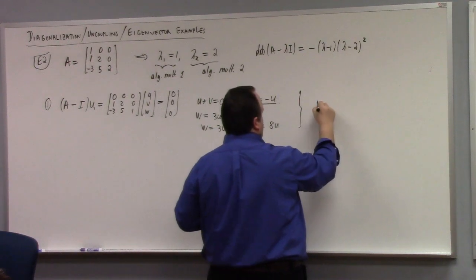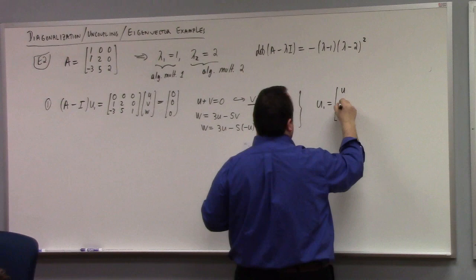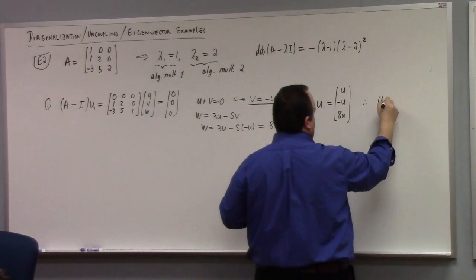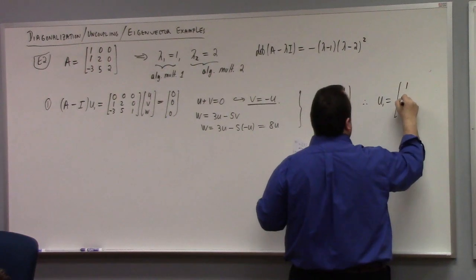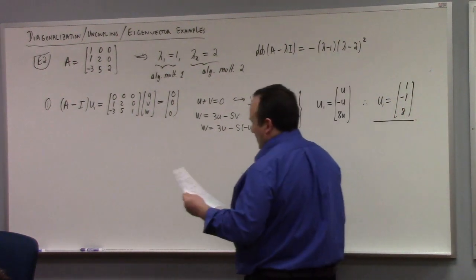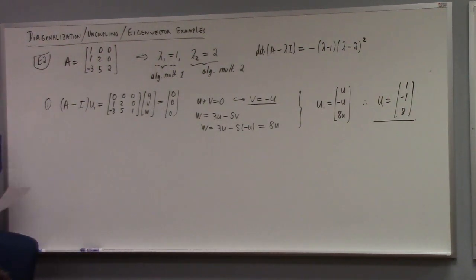Put this all together, my first eigenvector in terms of U is U, minus U, 8U. So therefore, let's make U1 equal to 1, minus 1, 8. I just chose U equals 1 because it's a choice. Again, I'm trying to find an eigenbasis for A, but we're going to find out it's not possible in this example.